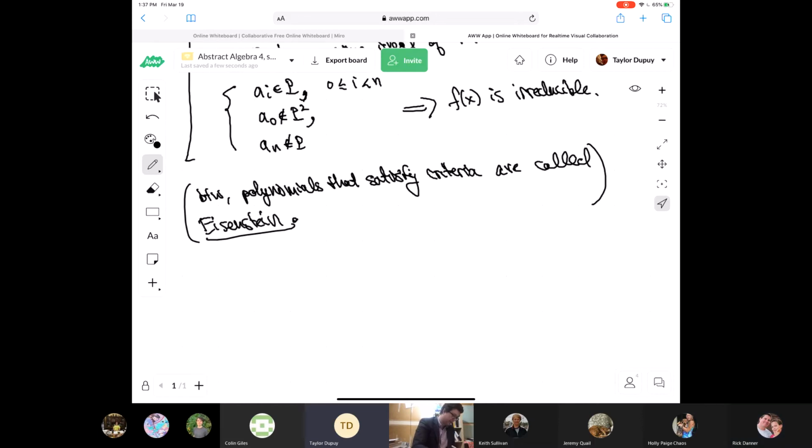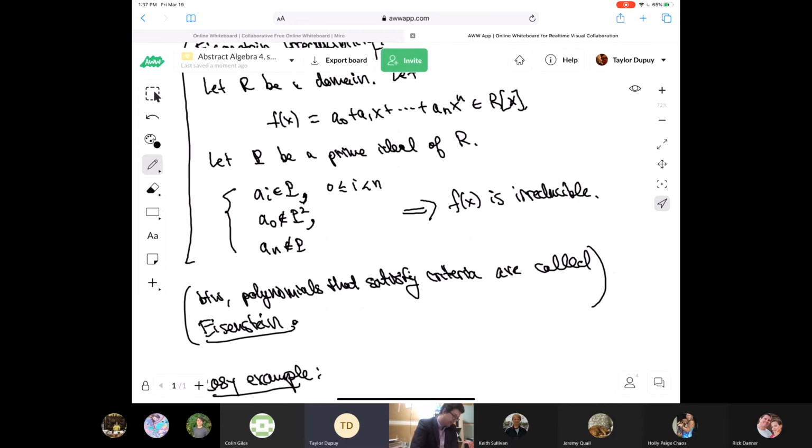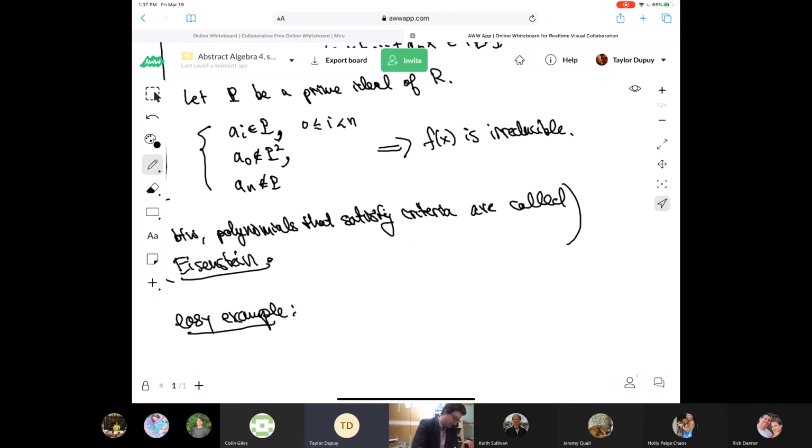So, an easy example. Let's just make one up: 2 plus 2x plus 2x cubed plus, I don't know, 4x to the 4th plus 2x to the 5th plus x to the 6th.